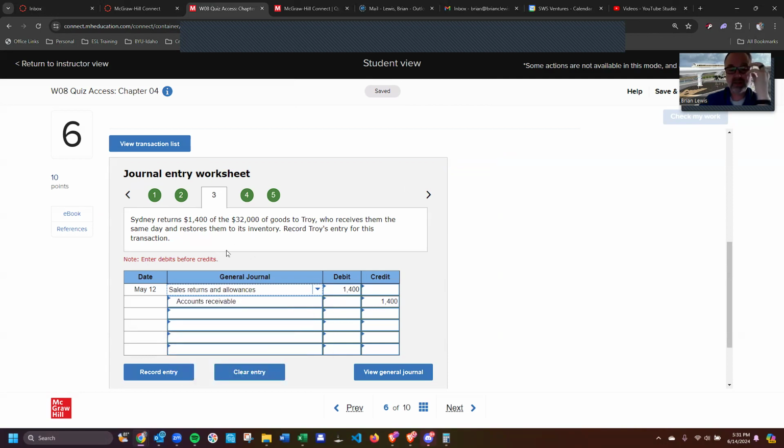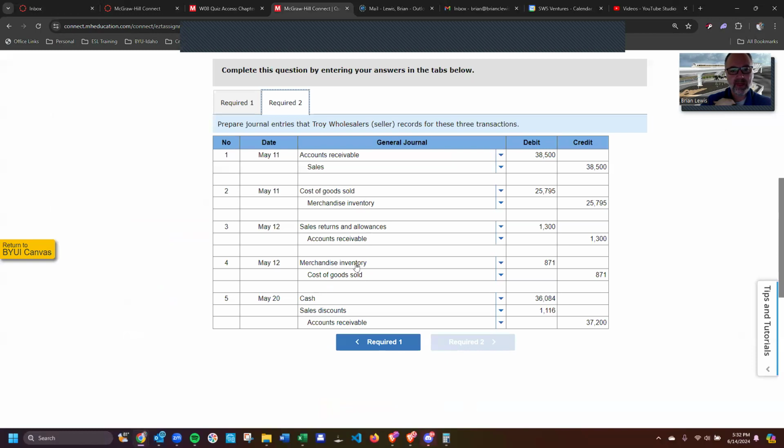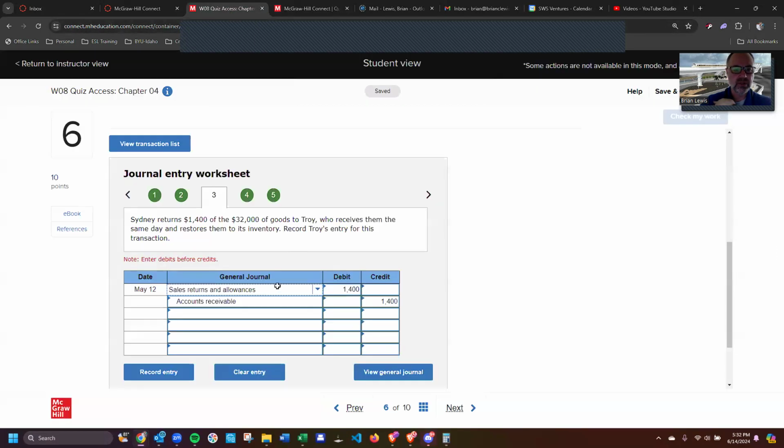It's just not directly to sales, but separating it out by sales returns and allowances. And this should be the receivable. There you go. And then you have the merchandise inventory and cost of goods sold. It's very similar as this one. And then you have cash, sales discounts, and accounts receivable. So on 5, sales and cash, sales discounts, and receivables. All right, that's number 6.